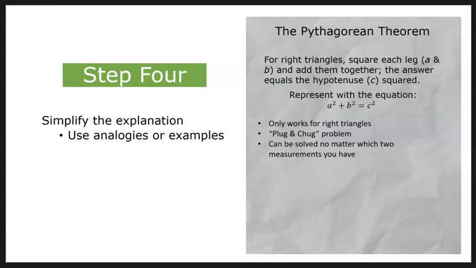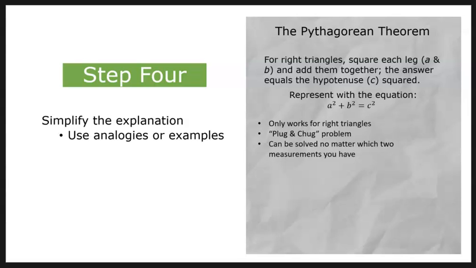After you have revised your explanation and example, you are left with a simplified explanation and an example that is free of any missing pieces. If you need to create an analogy or real-life situation in order to help with your understanding of the concept, feel free to do so. The final product could be something like, The Pythagorean theorem states that for right triangles, square each leg A and B and add them together.